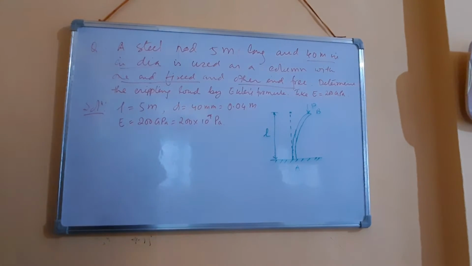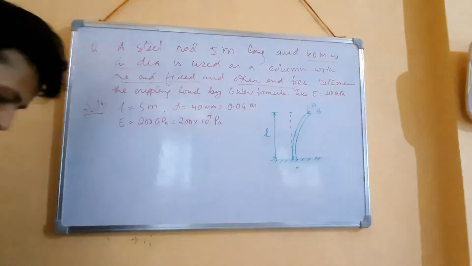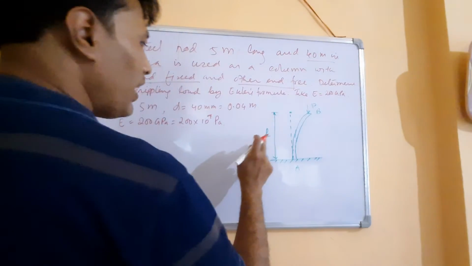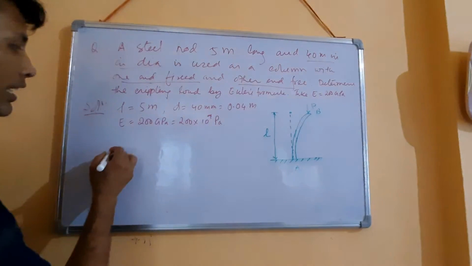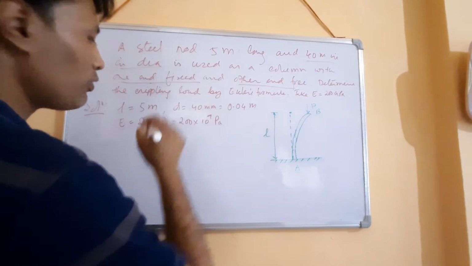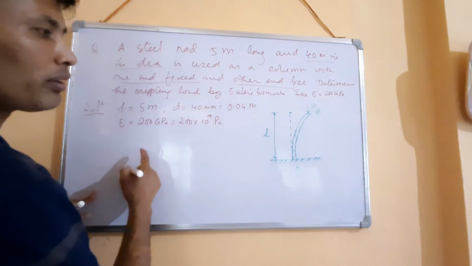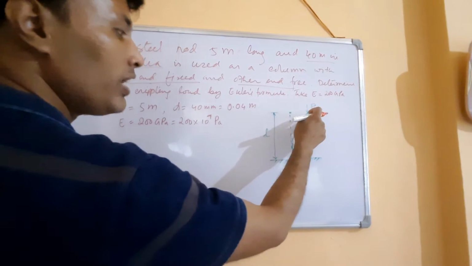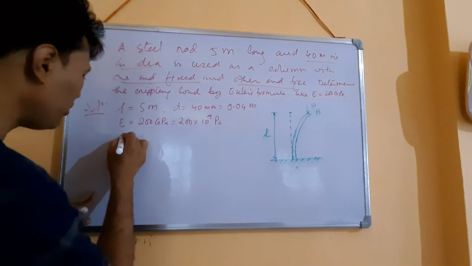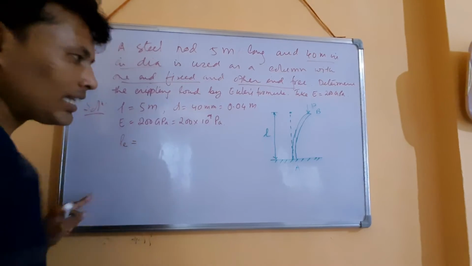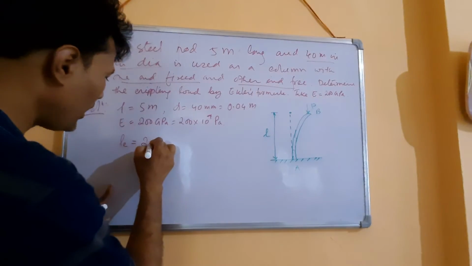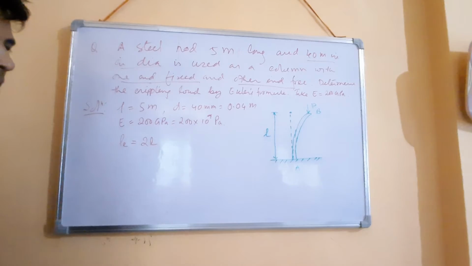So the main thing is you should be able to find out the effective length. Since the condition is that one end is free and other end fixed, what will be the effective length? Effective length will be equal to twice L. Why is it twice L?